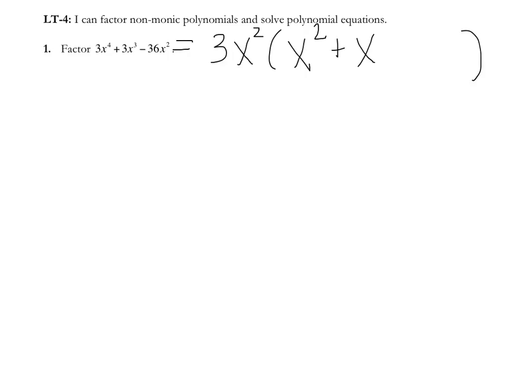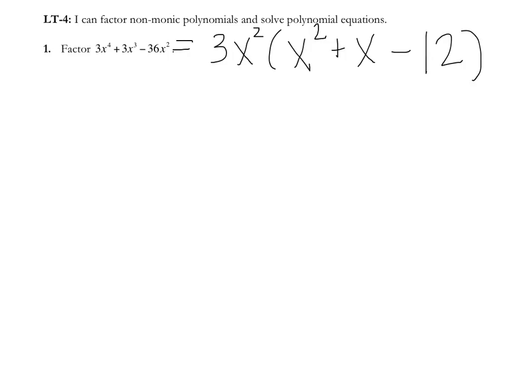We want to think about 3x squared times what would equal negative 36x squared. So we already have the x squared taken care of. We're not going to have to multiply by any more x's. But here we have a 3, and here we have a negative 36. So how do we get from our 3 to our negative 36? Well, we would have to multiply by a negative 12. So that's the last piece left inside the parentheses.